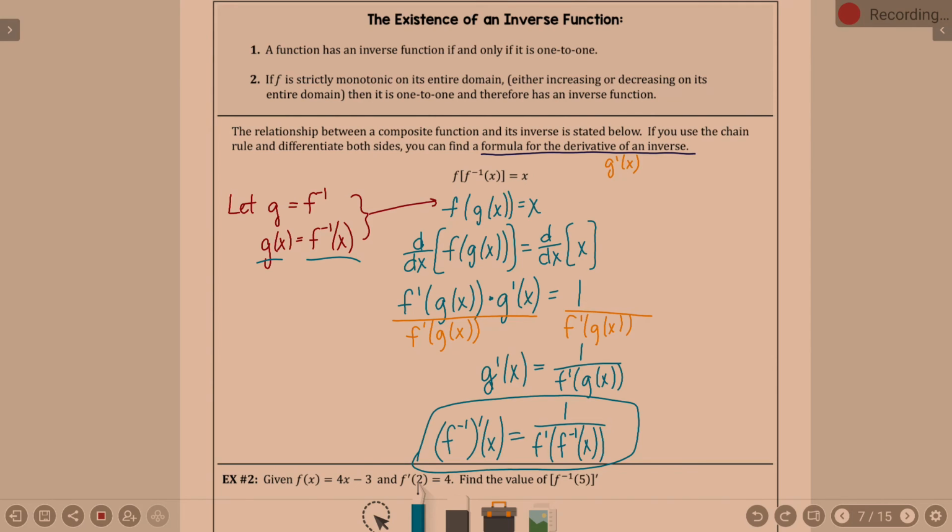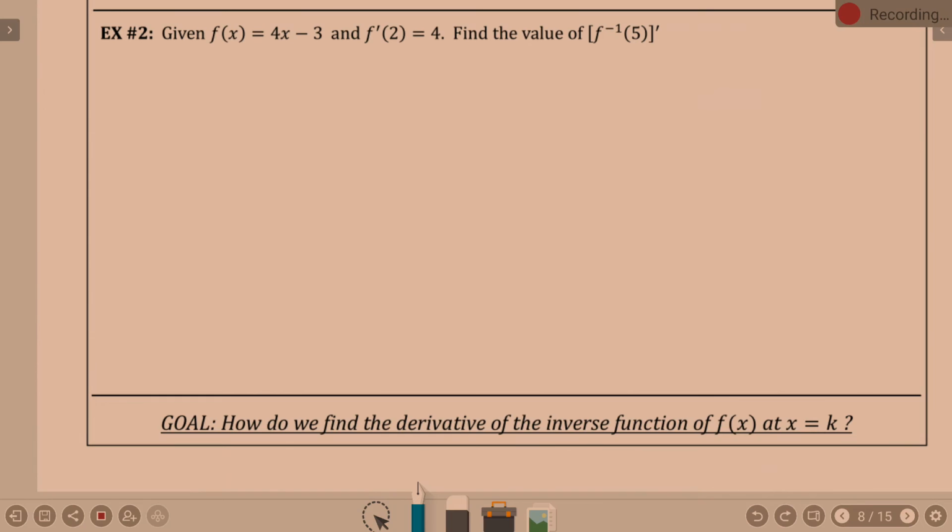Okay. Example 2, I believe, is we can use that formula there. Okay, we're going to try, but I'm probably going to get caught in the middle.